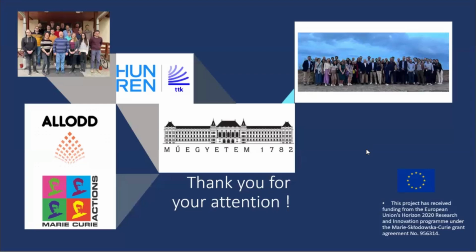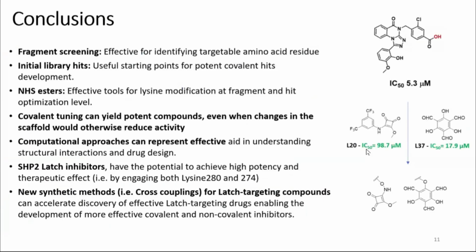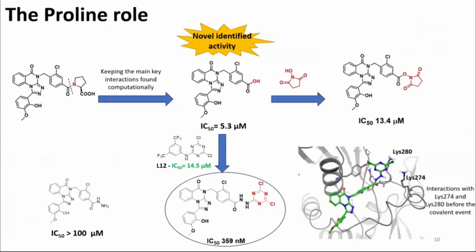It's always nice to hear the progress and your perspective on this. I was wondering, for the lysine residues in the Latch site, do you have any pKa calculations or solvent accessibility that maybe allowed you to prospectively estimate their reactivity towards your warheads? We did some calculations and simulations in Barcelona during the secondment.